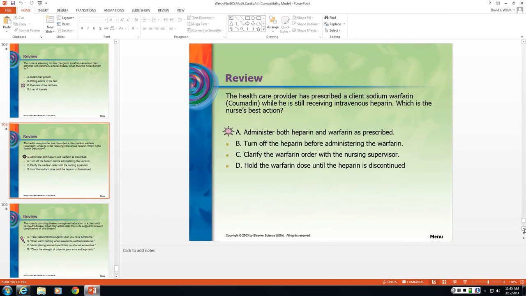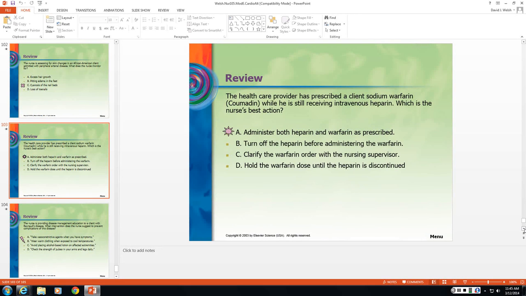Okay, the healthcare provider has prescribed a client sodium warfarin or Coumadin while he's still receiving intravenous heparin. Which is the nurse's best action? Would it be to administer both heparin and warfarin as prescribed? Is it to turn off the heparin before administering the warfarin?